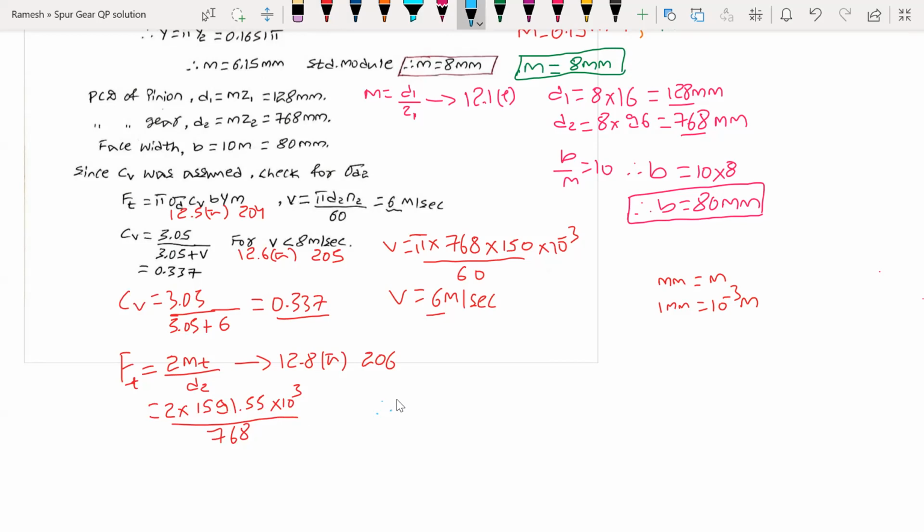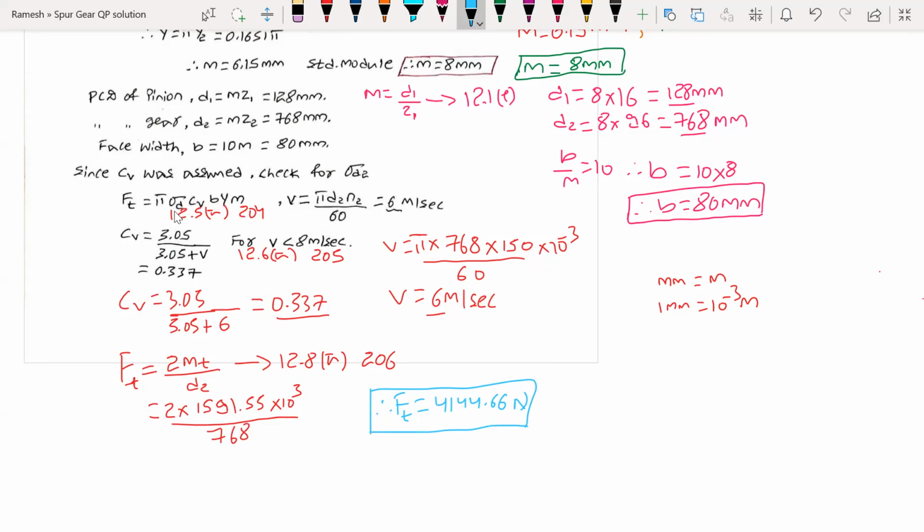Therefore, FT is equal to 4144.66 Newton. Once we calculate the FT, you can substitute that in equation 12.5a.